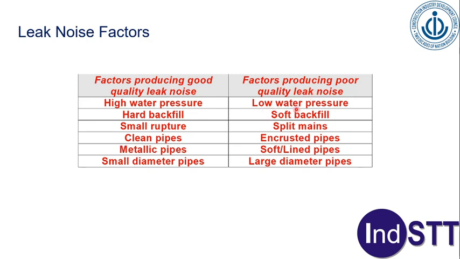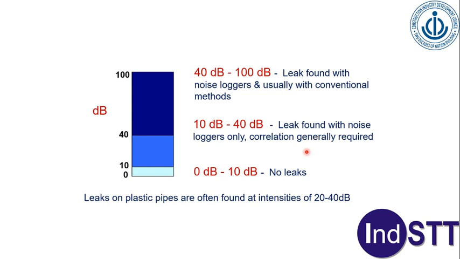Whereas if you have low water pressure, soft backfill, split mains, crusted pipes, soft lined pipes, and large diameter pipes, your leak noise will be of poor quality. So when we are talking about noise correlators, or listening to the noise of the pipe, all these factors need to be considered. It's not that you will be able to listen to good quality leak noise in all cases. It depends on these factors.